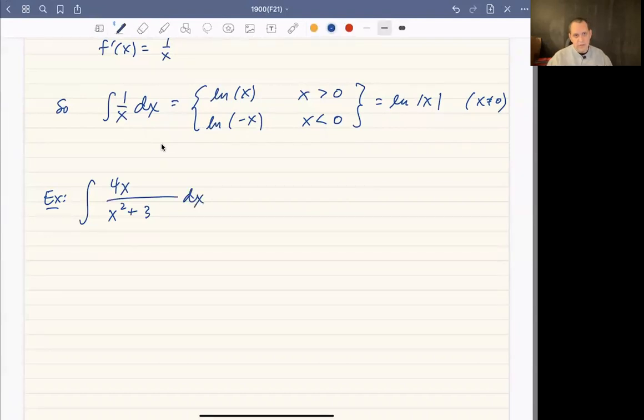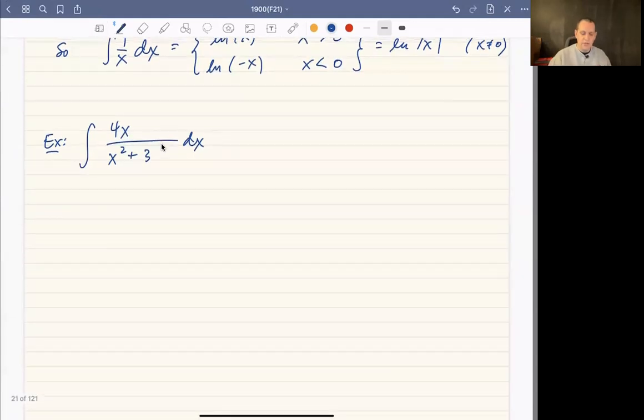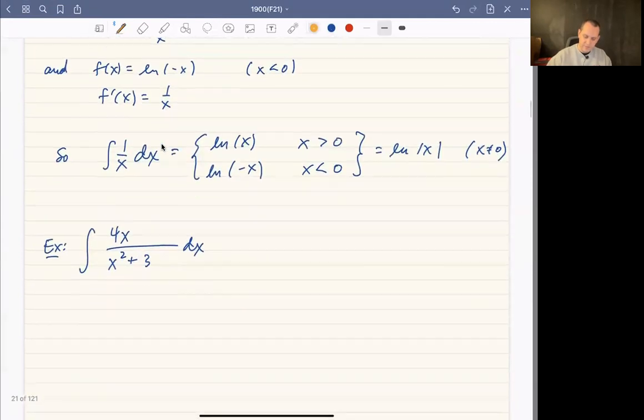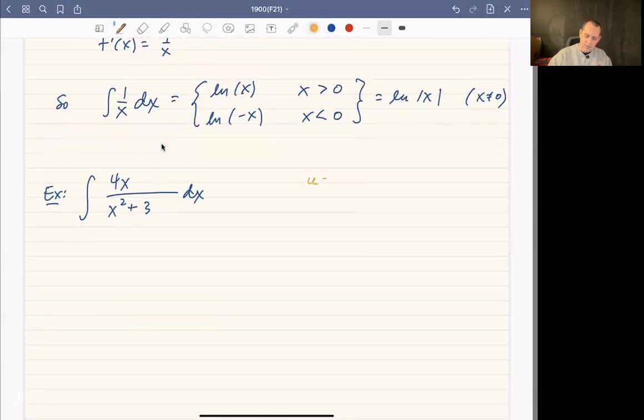When we anti-differentiate, we notice that we have a linear term up top and a quadratic in the bottom. That should give you a little hint that we're going to substitute u equals x squared plus 3, and therefore du is going to be 2x dx. We don't have a 2x dx, we have a 4x dx.